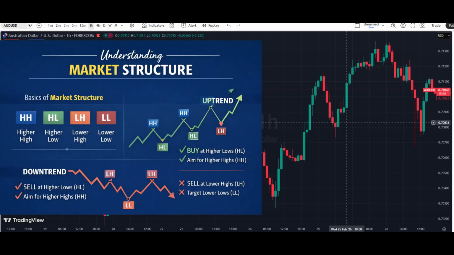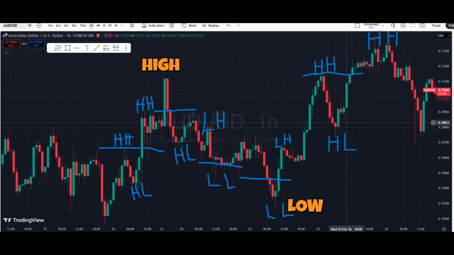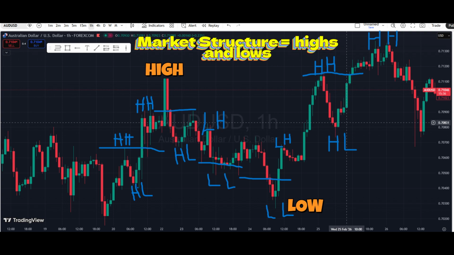Let me illustrate this. Imagine the sequence: the price moves up and creates a high. Price pulls back but does not break the previous low. Price pushes again and breaks the previous high.